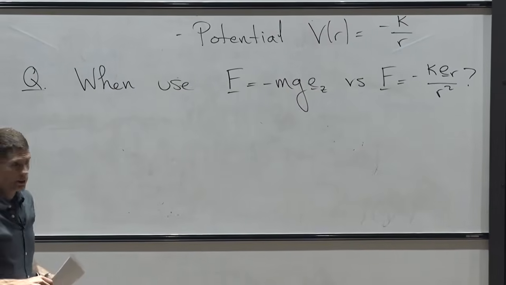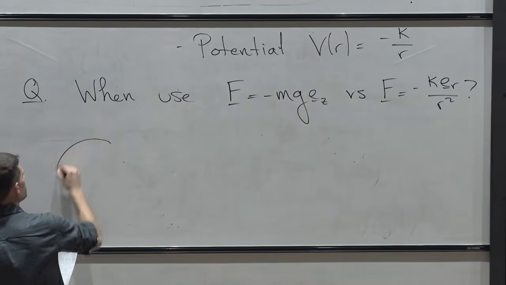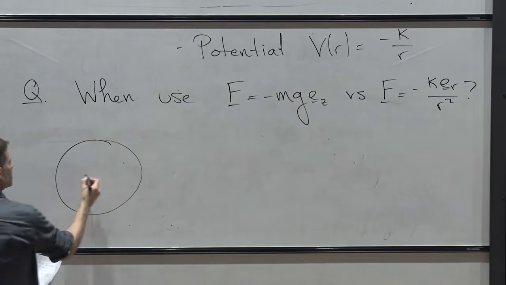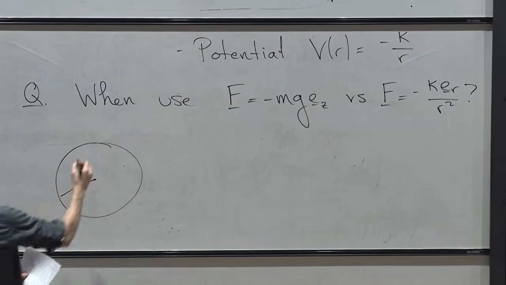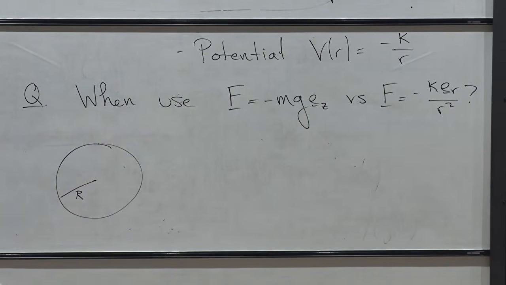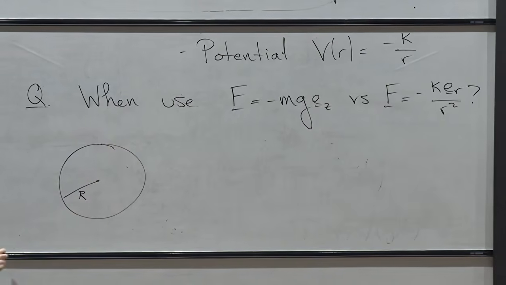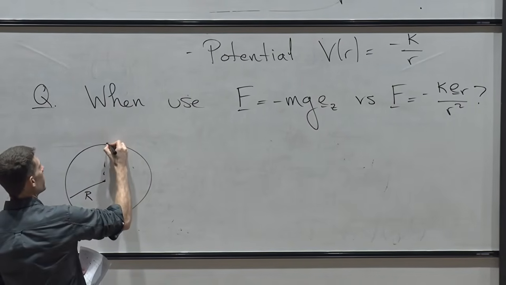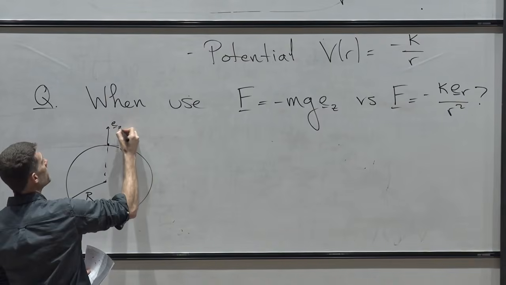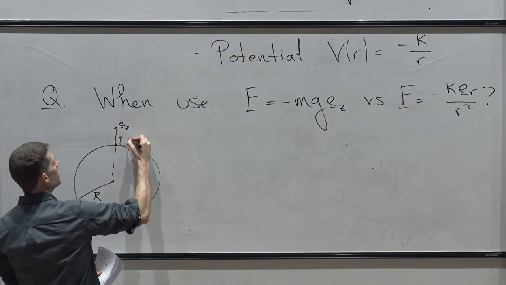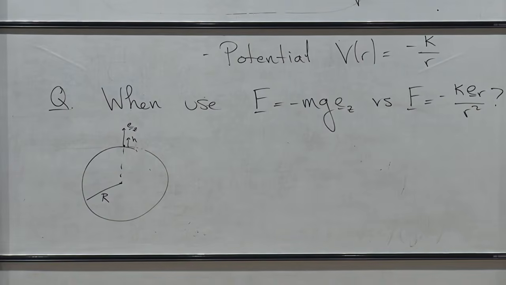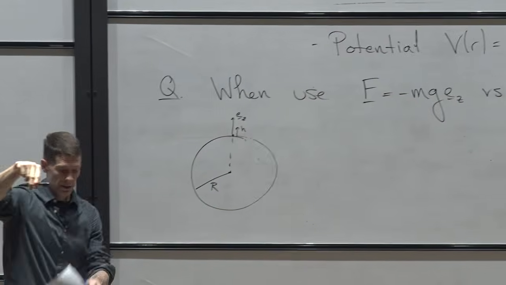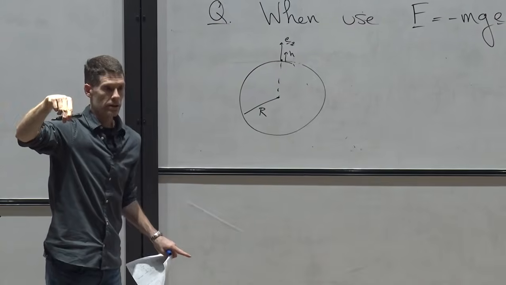And it's about scale. So if I draw a circle and call that the Earth, and give that radius R, and here I am sitting up here, and I'm going to do a little experiment of dropping something. So I'm sitting here, and I call that Ez, and I drop something from height h. When I drop the pen in the classroom, it's being attracted to the center of the Earth.